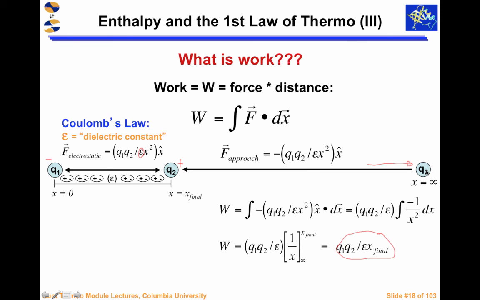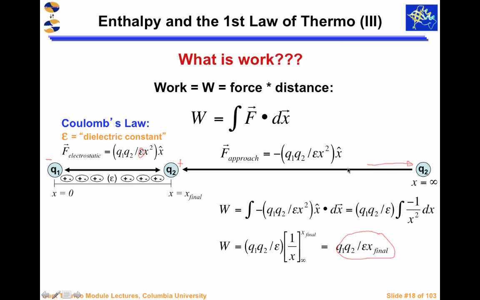So of course, if we did this experiment, let's say in a vacuum to begin with, that epsilon would be 1. We take Q2 infinitely far away from Q1. But the electrostatic force pulls them together. Well, of course, while they're being pulled together, if they're being pulled together without any other forces acting on them, Q2 would accelerate, right?